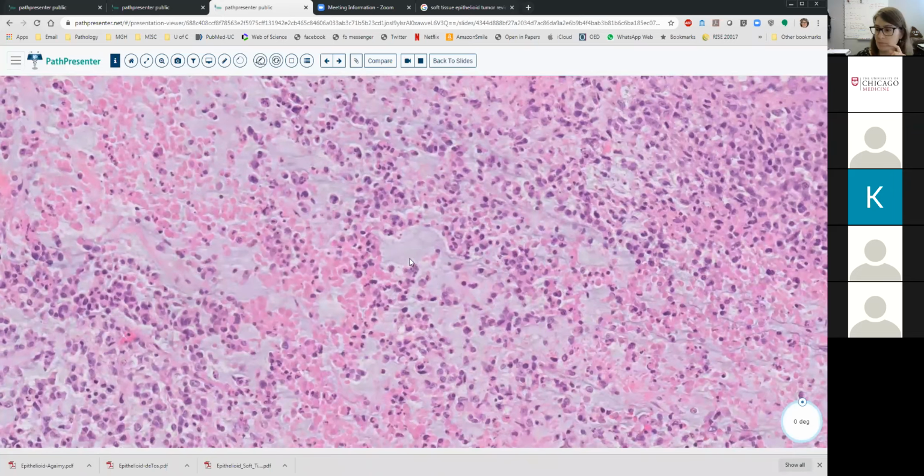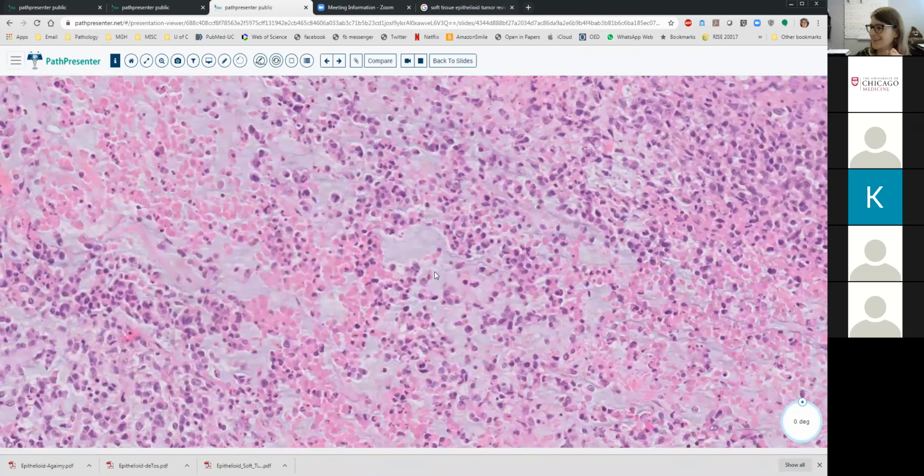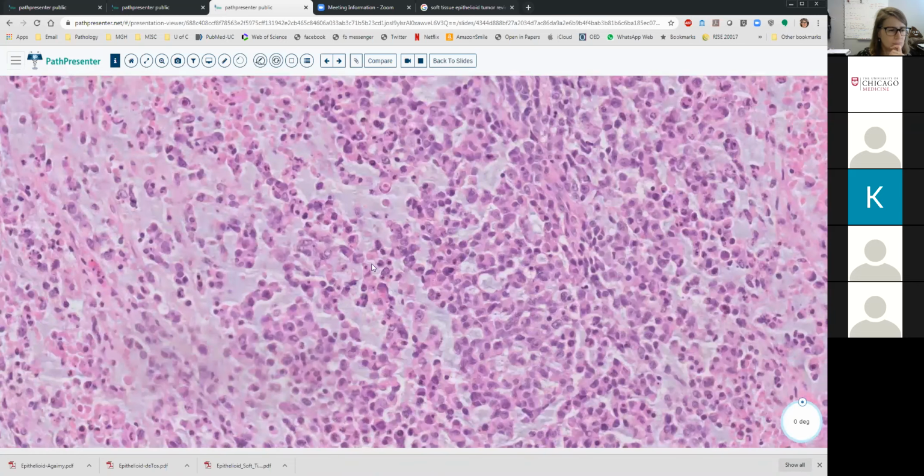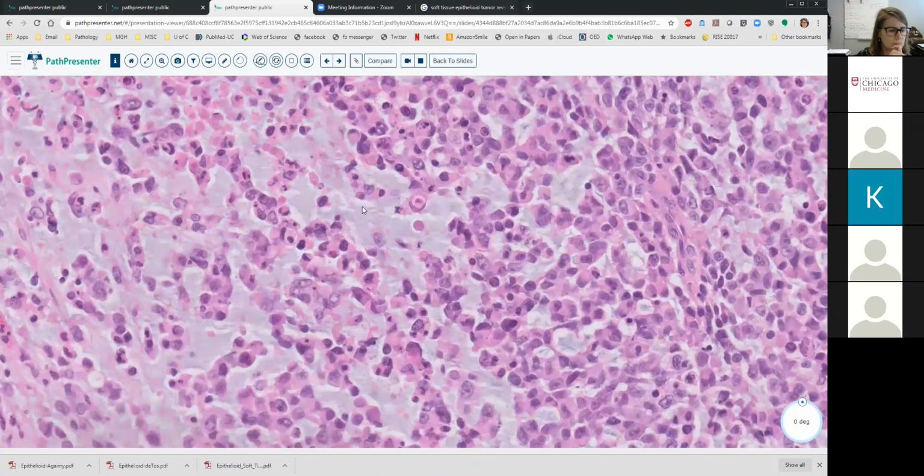Yeah, or myxoid, I don't know. The cells are a lot smaller, they're less plump. Very eccentric nuclei versus the other ones that seem more central. Don't see prominent nucleoli.